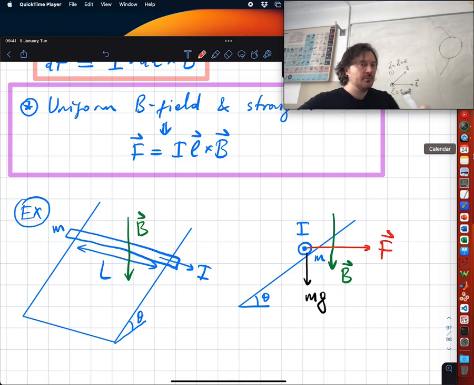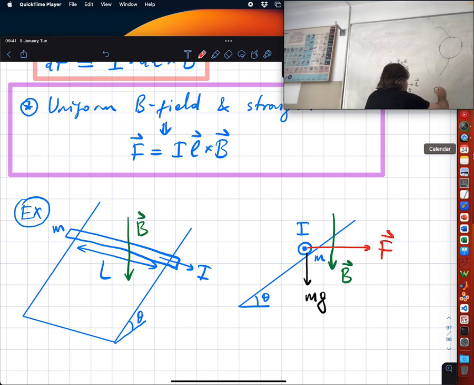Let me draw it on the board. So, current points in this direction, B goes down, L cross B, F is this way. Do you see it or not? Or let me just point. I goes this way, B goes this way, thumb goes to the force. Everybody? Yes? Good.